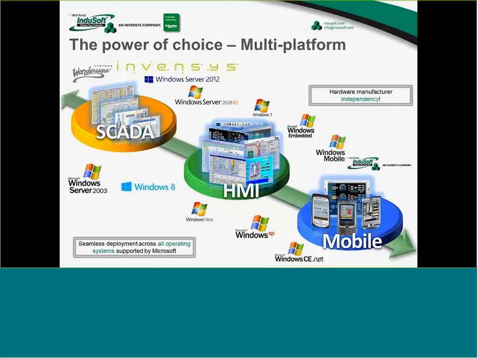It'll run on embedded. It'll run on the desktop version of Windows, and it'll run on the server version of Windows. Unlike some of our competitors, their scripting language will not run on embedded, will not run on CE, and therefore you have to re-architect your project if you want it to run on those different platforms and have maybe lower or higher performance hardware available to you.